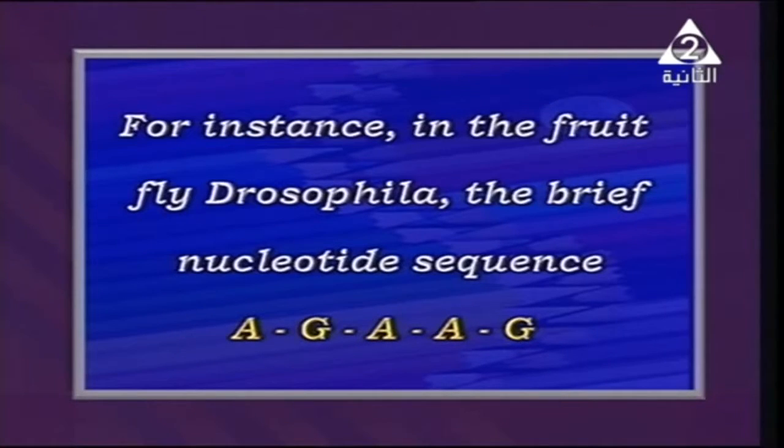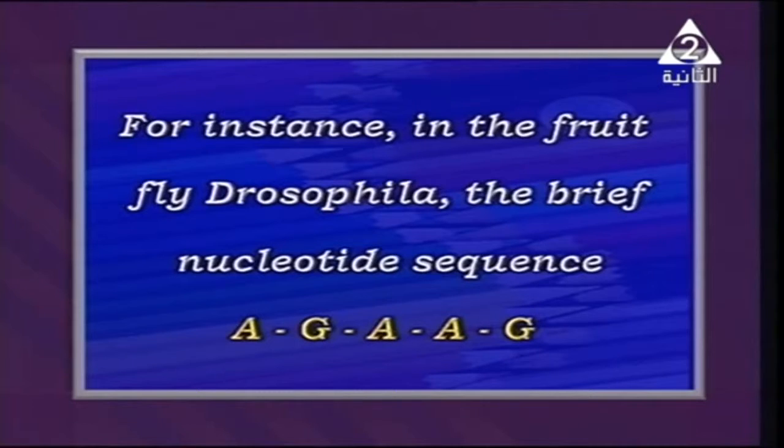The brief nucleotide sequence here for this fly is adenine, guanine, adenine, adenine, guanine. This is one strand, so if it is DNA, you can conclude the other complementary strand, which is what?